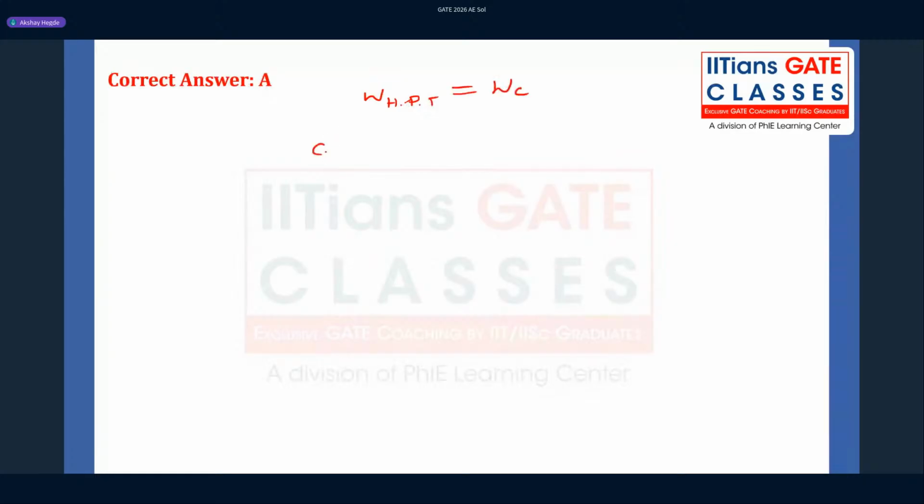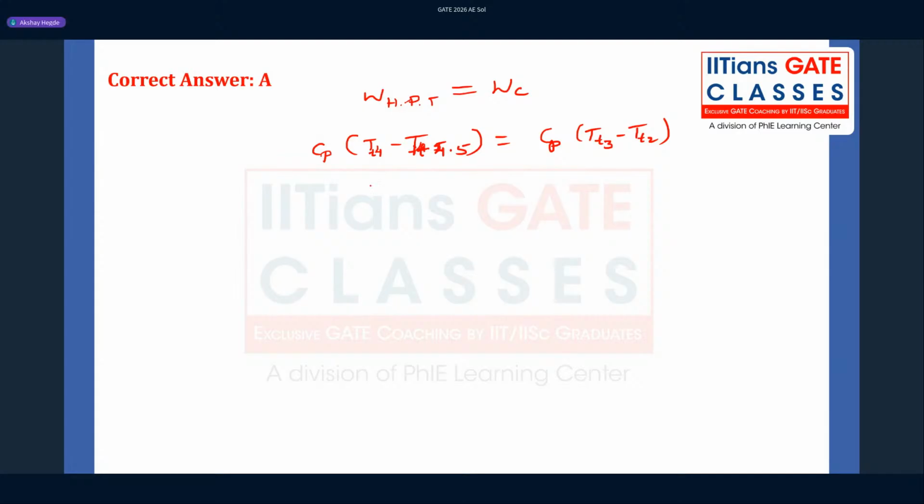So that means Cp times (T4 minus T4.5), across the turbine, should be equal to Cp times (T3 minus T2).